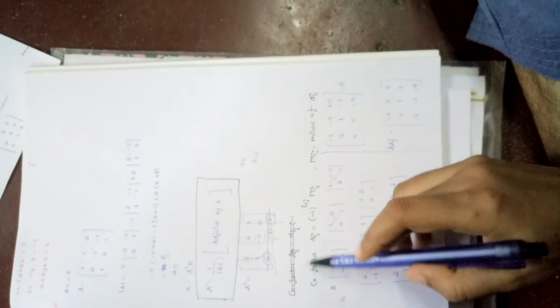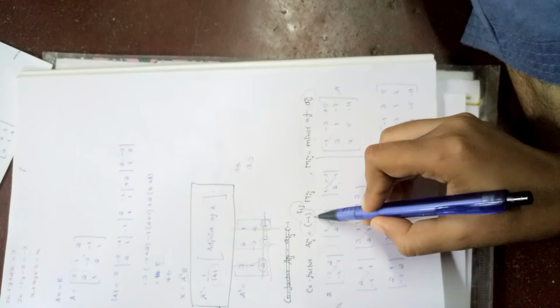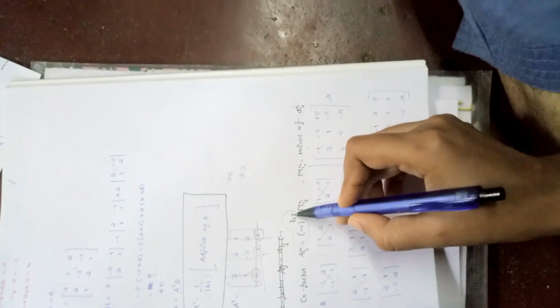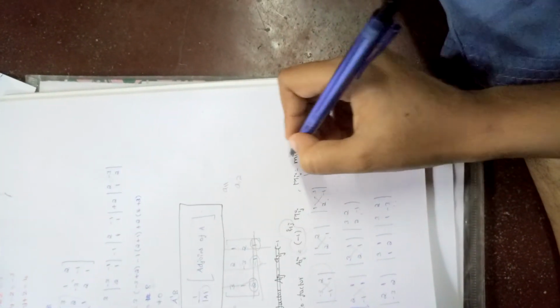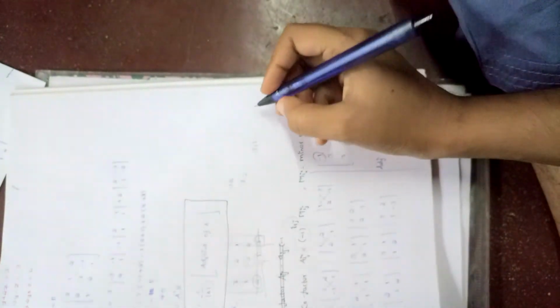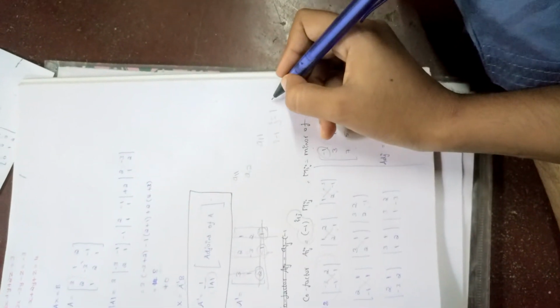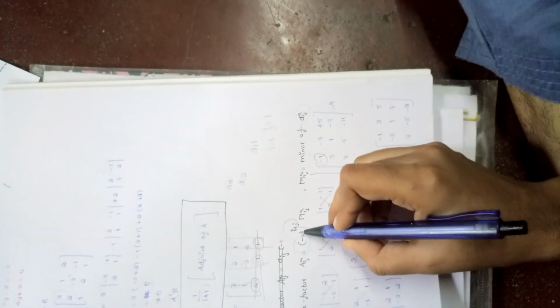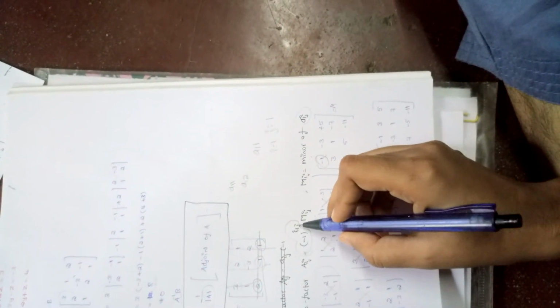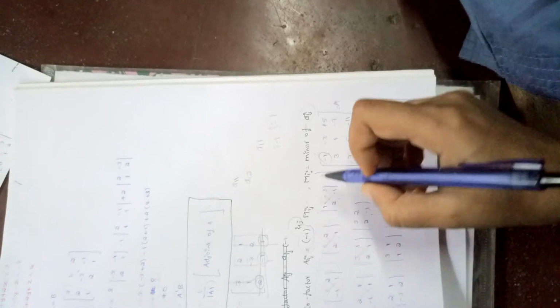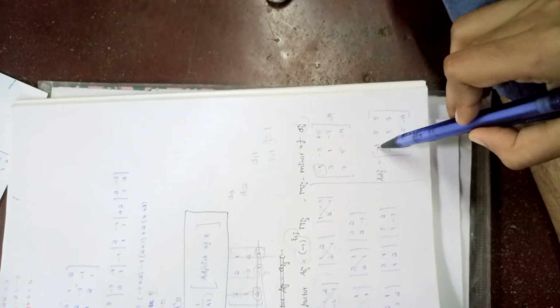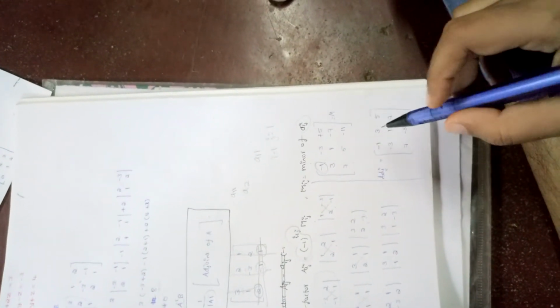Now to find the cofactor, we need to multiply by minus 1 to the power i plus j. For this term, this is position A11, so i is equal to 1 and j is equal to 1. Minus 1 to the power 1 plus 1 is 2, that is minus 1 squared is plus 1. So minus 1 remains as it is.